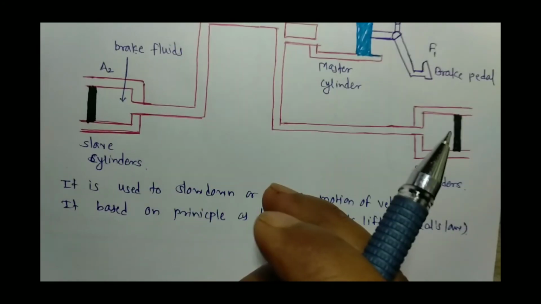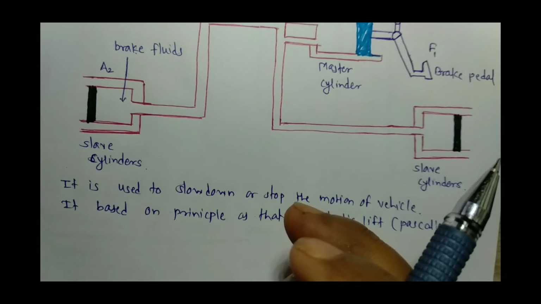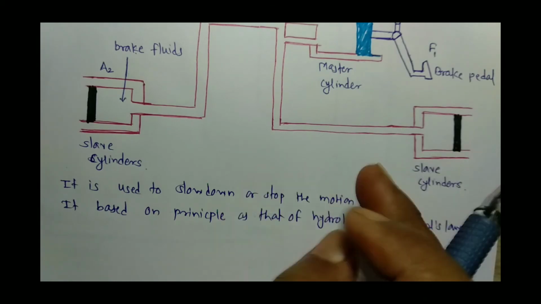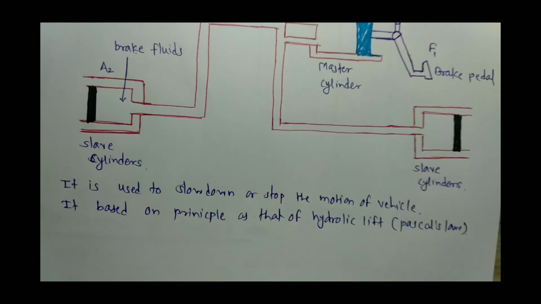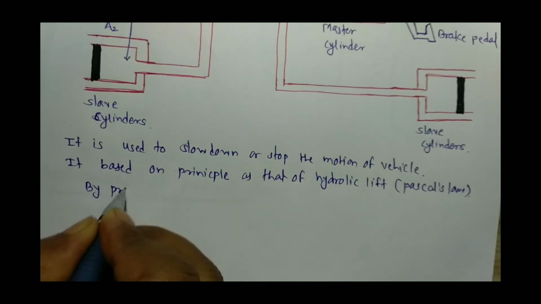Due to the friction between friction pad and rotational disc, the motion of the vehicle is slowed down, or the vehicle may be stopped.